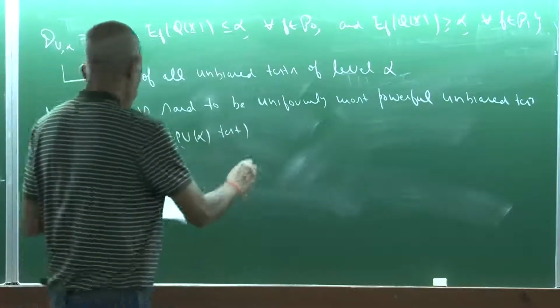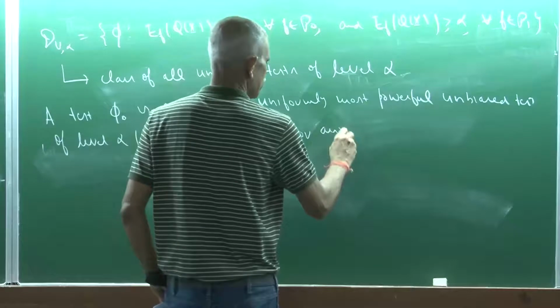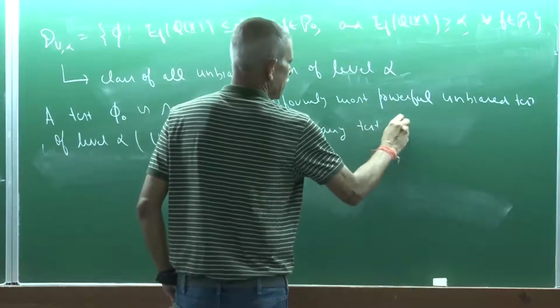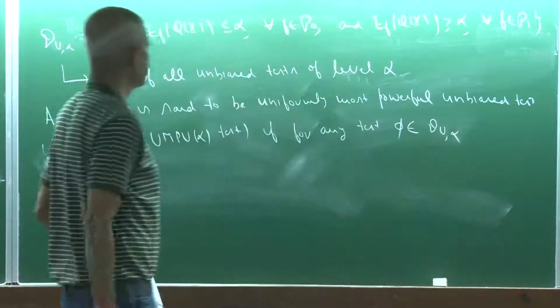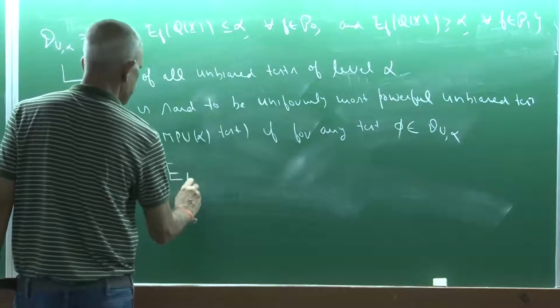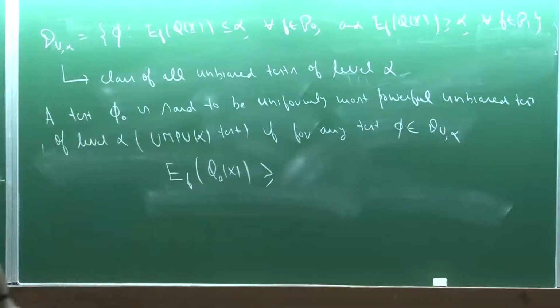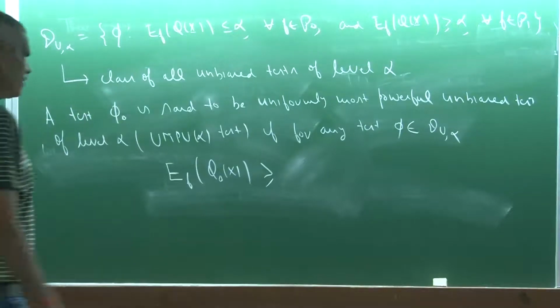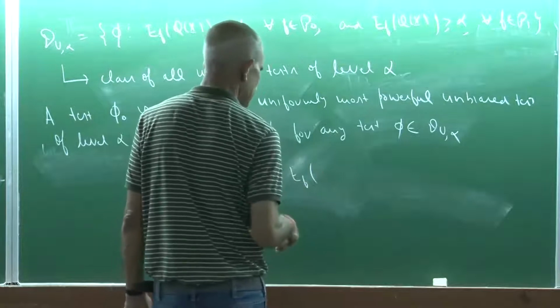if for any test which is unbiased of level alpha, that means phi belongs to U alpha, the power of phi naught, that means E_f of phi naught(X), is always greater than or equal to the power of any unbiased test of level alpha.